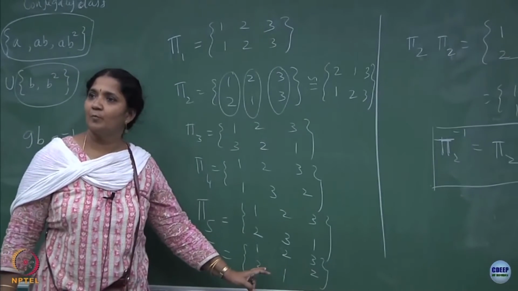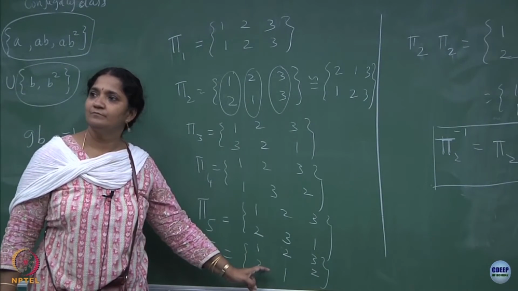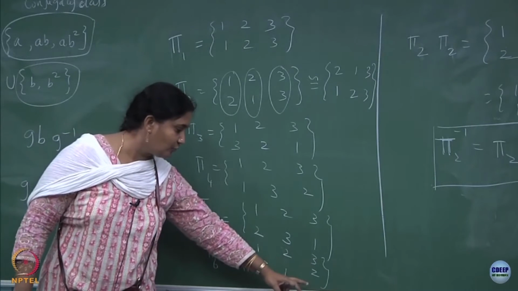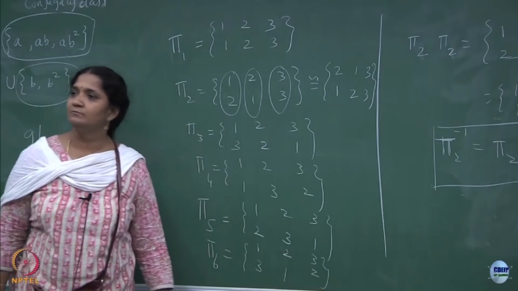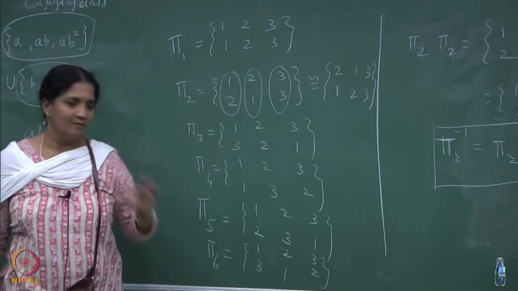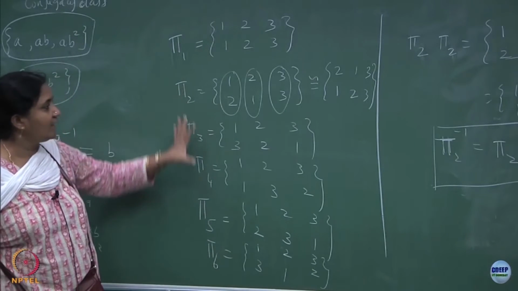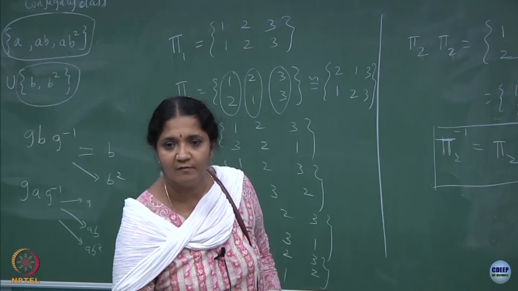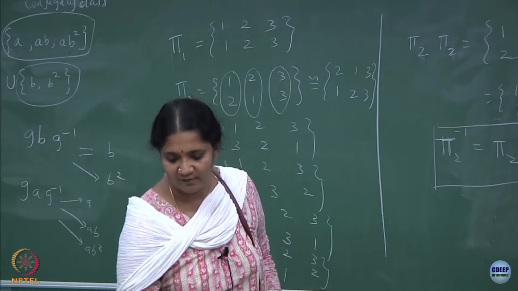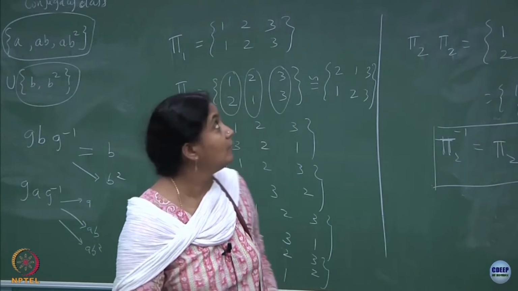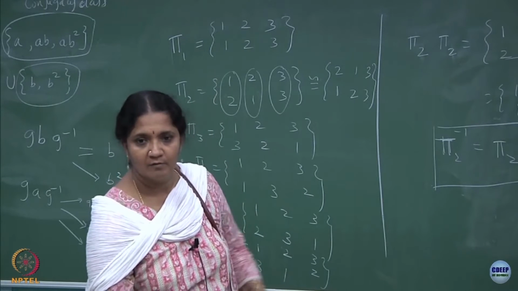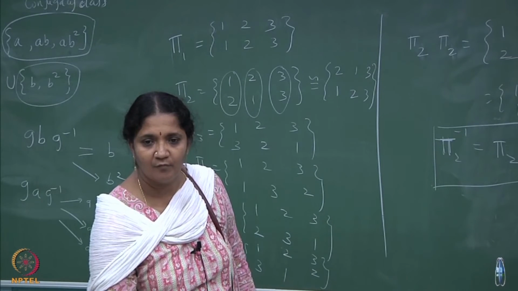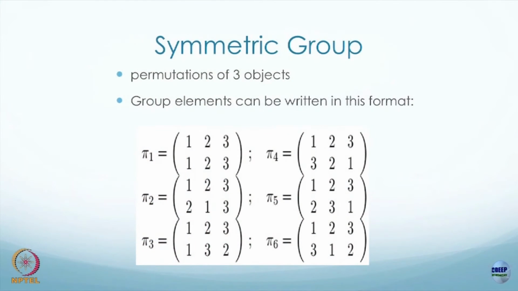A cyclic permutation. 1 will go to 3, then 3 will go to 2, 2 will go to 1. So, these are ways of playing around all the 6 elements, and I have shown this here on the slide. Okay, so, I think I have followed a different notation here, but you understand what I am saying.